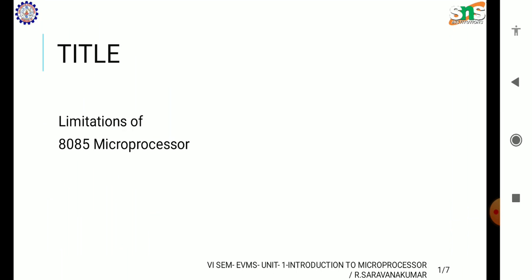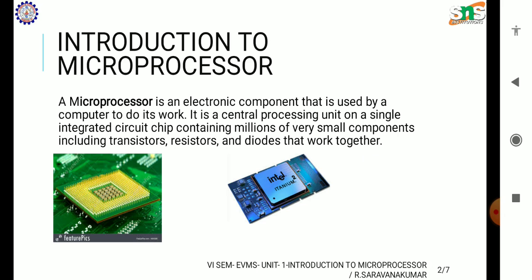What is meant by a microprocessor? It is an electronic device which is used to process data by means of input registers and transistors, and then it gives the output through signals. So it is like a CPU in computers.